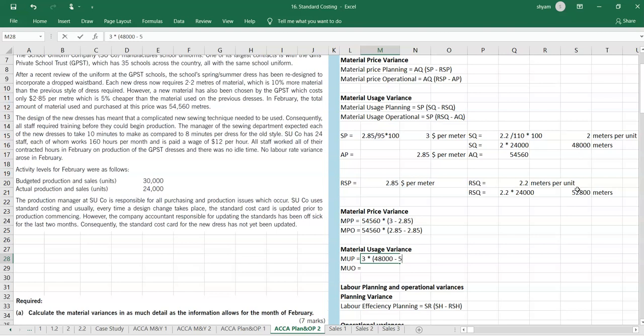RSQ is 52,800. So again, SP, RSQ minus AQ. SP is here. RSQ minus AQ is what we want. AQ is 54,560. Okay, so that's it. We can copy all the numbers and we can get the answer.